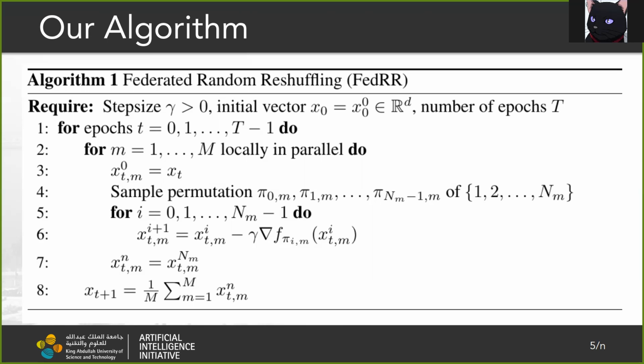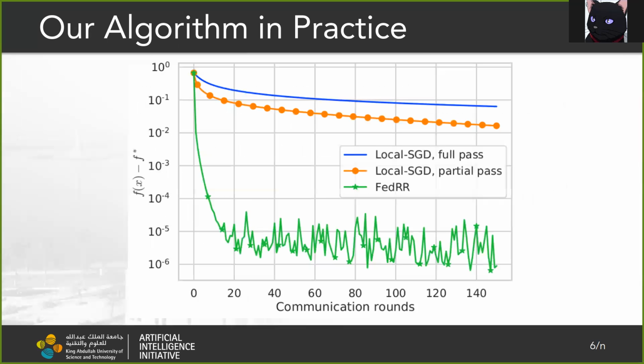So this algorithm has been existent in some shape or form in software implementations, but it has not been analyzed theoretically before our work in the context of federated learning. So this algorithm in practice can do very well, as we can see here by the difference between FedRR and local SGD.